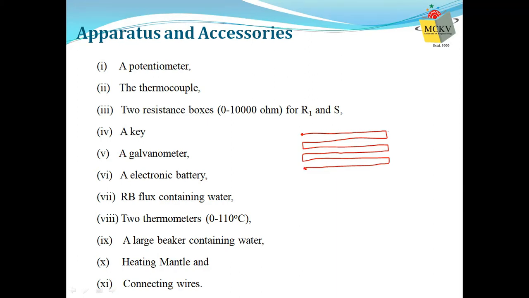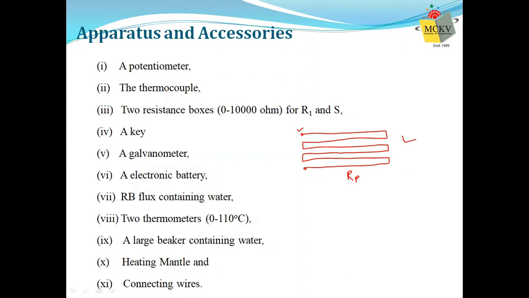The total resistance of the potentiometer wire is Rp. That is known. You know the total resistance of this wire, and the total length. The total length of the potentiometer wire is L, starting from this point and going around in a snake pattern, ending at this point.